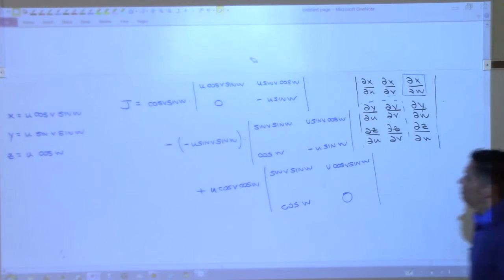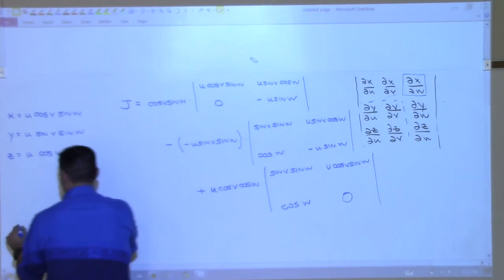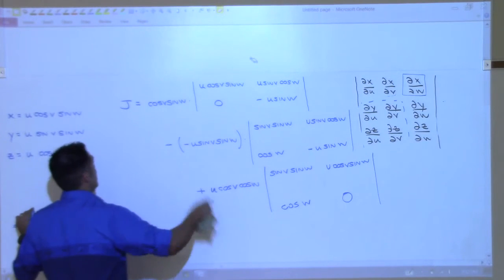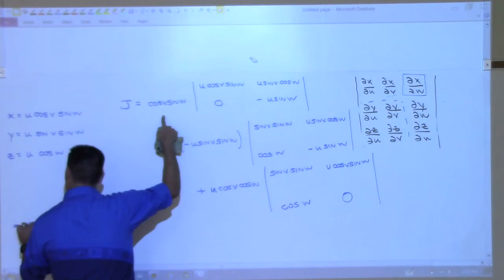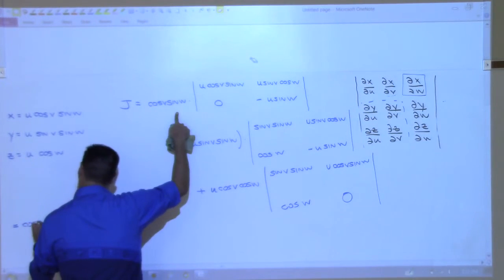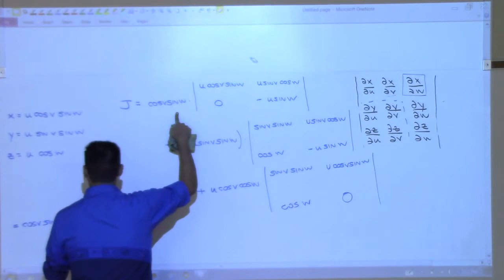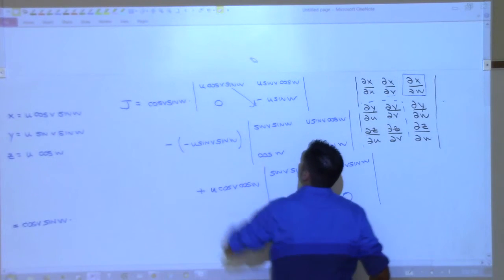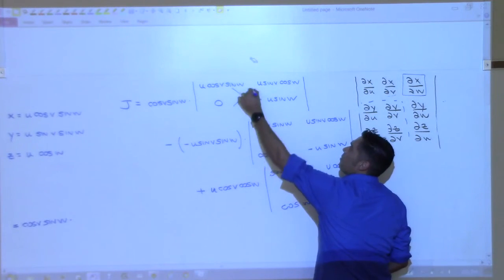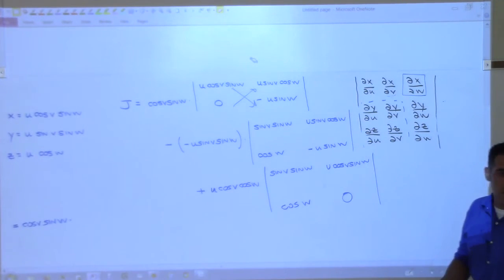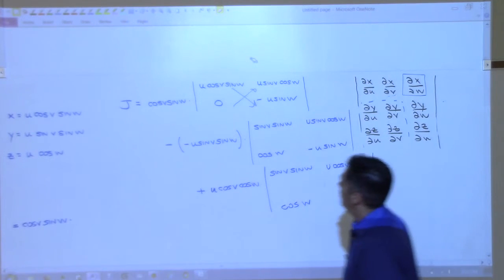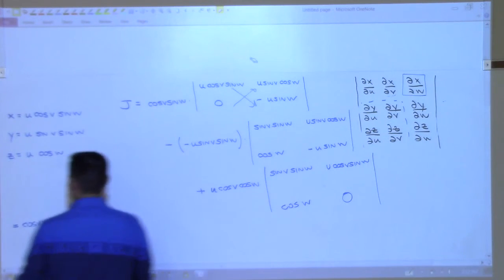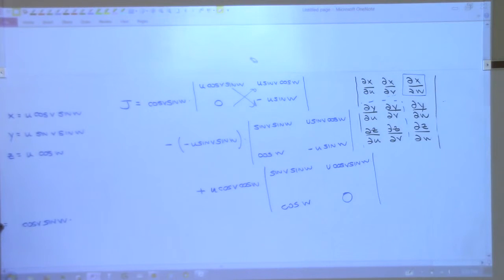Still have 8 minutes. Okay, so this becomes, I'm going to do this all in a big line here. Cosine v sine w times, now let's do this determinant here. This times this, and then minus this times this. But we have a 0 in there, so that's going to kill that second part off. So it's just going to become negative, and I can put the negative out in front because of multiplication.